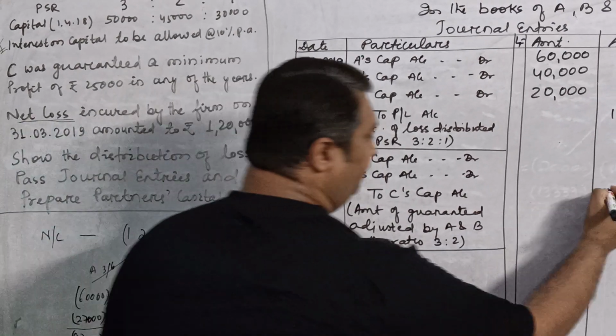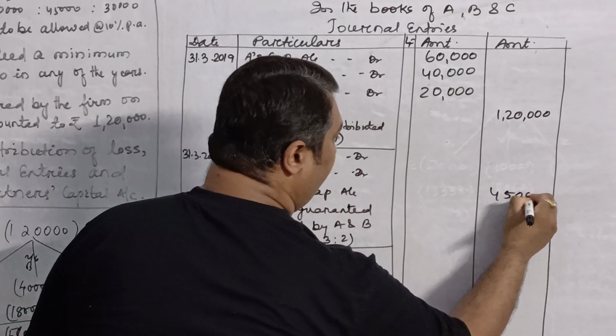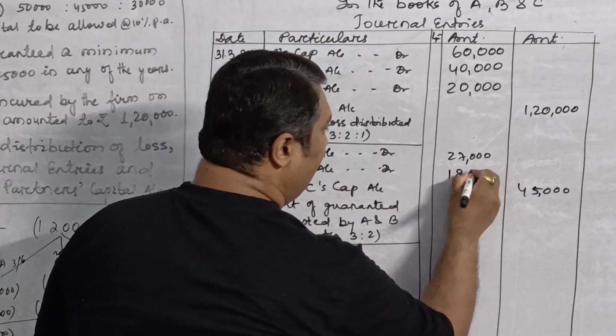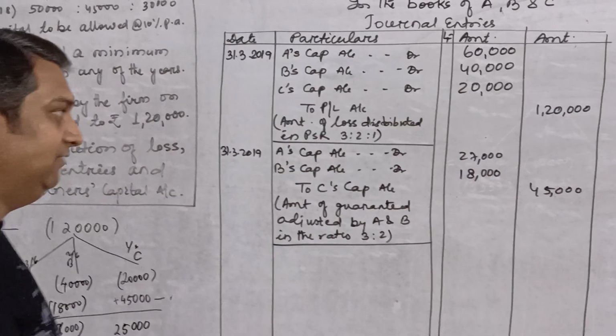So the amount of deficiency was rupees 45,000, which is paid by 27,000 and 18,000 respectively.